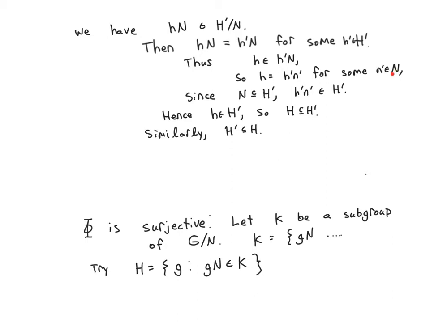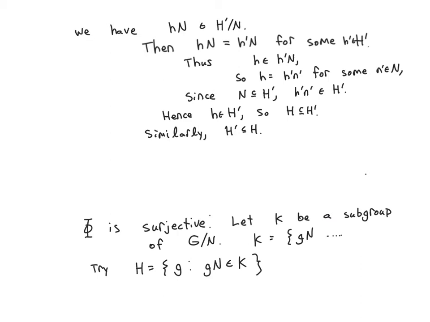However, since N is a subgroup of H prime, these two elements are both in H prime, so their product is in H prime. Right? Because this means that n is also in H prime. And so h is an element of H prime. So we started with an arbitrary element in H, and we showed it's an element in H prime. Therefore, H is a subset of H prime.